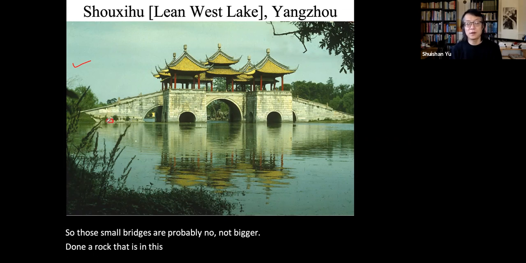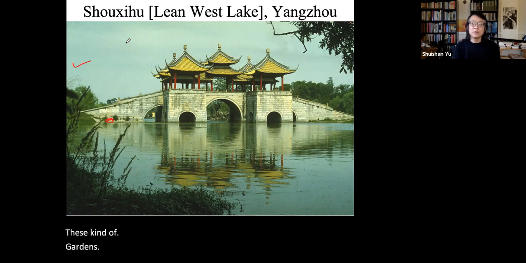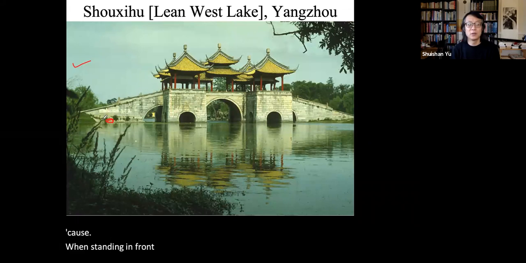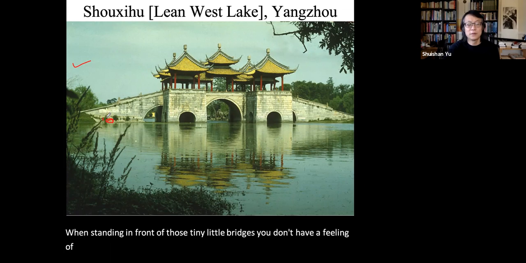So their size is tiny compared to these kinds of gardens. And again, that just makes me appreciate those small gardens more, because when standing in front of those tiny little bridges, you don't have a feeling of such big difference in scale.